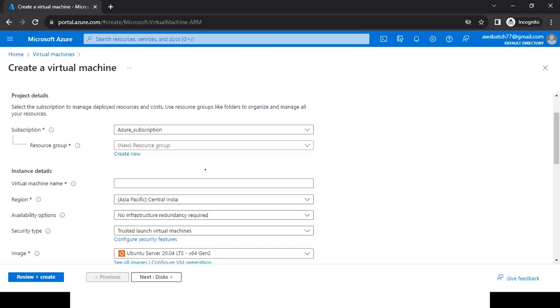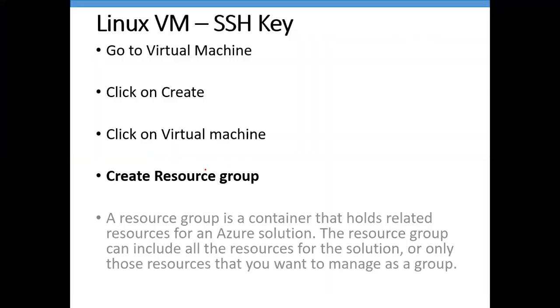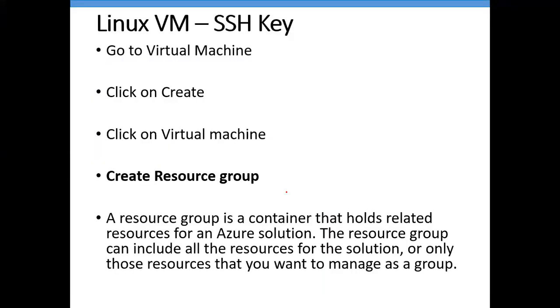Now, what is a resource group? A resource group is like a container that holds related resources for an Azure solution. I can say it's like a folder to us. Under that particular folder, we can put all our resources.